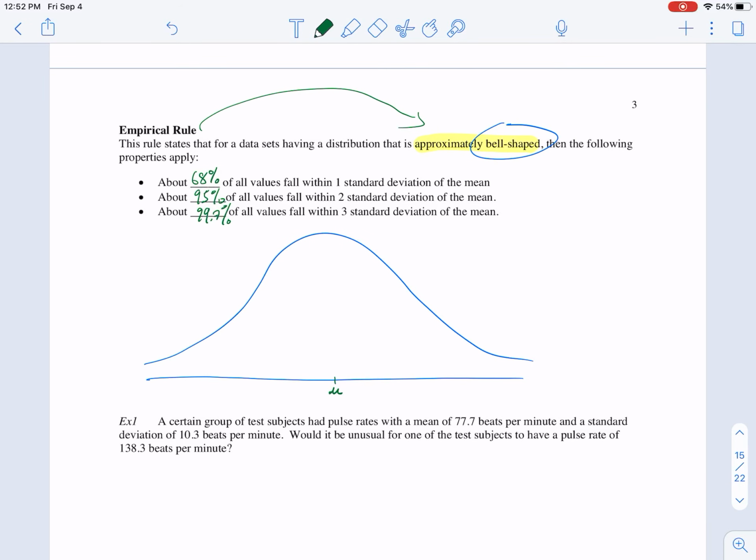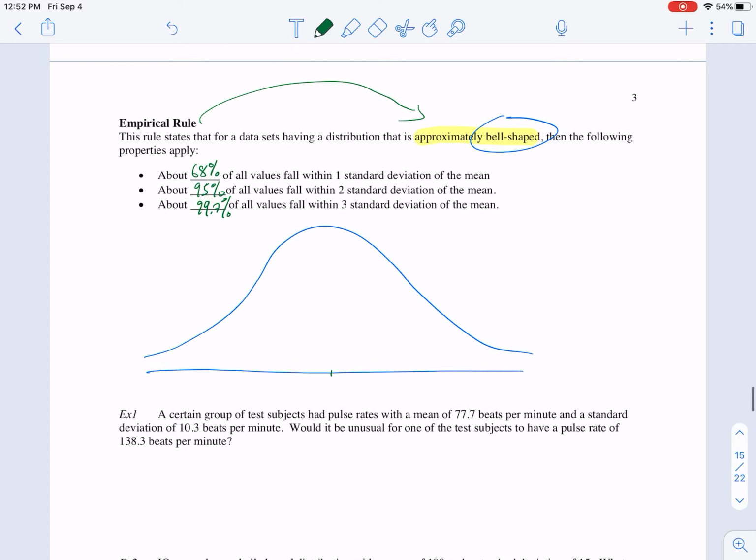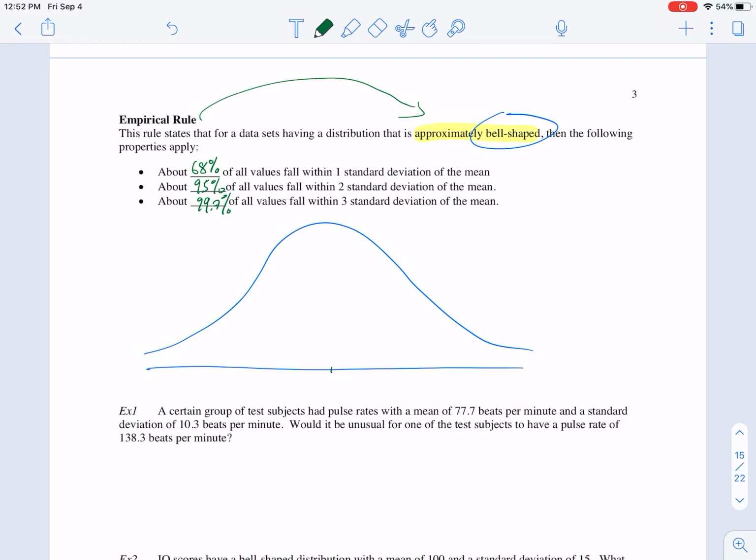Okay, so let's just use X bar here because this is the empirical rule. This is based on observations. X bar, which is the mean, right?